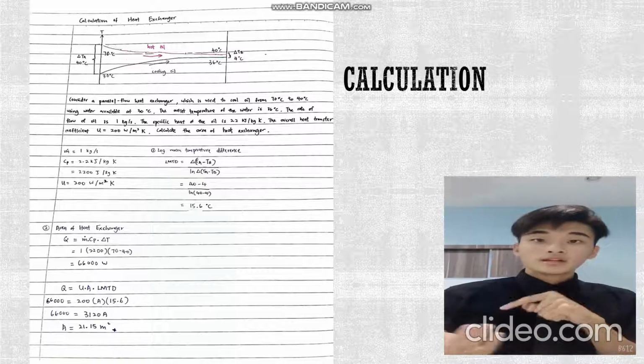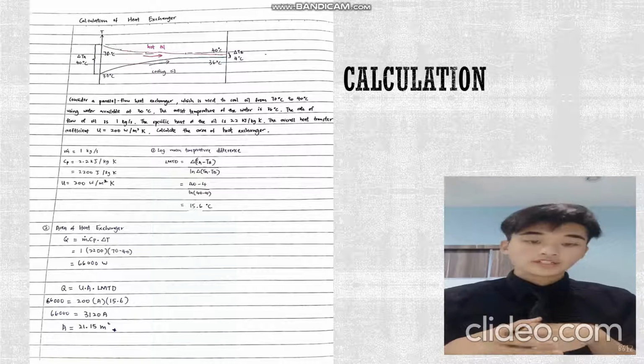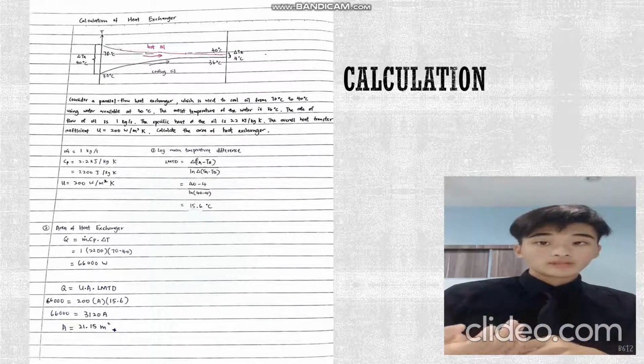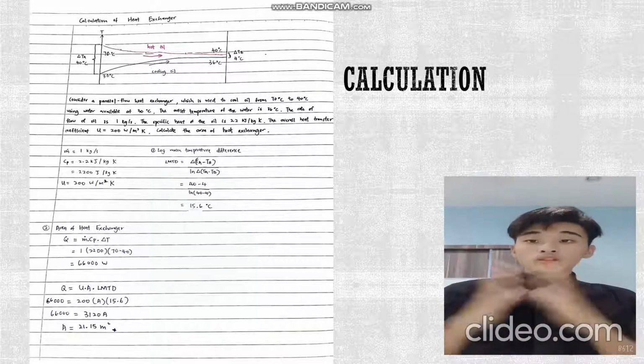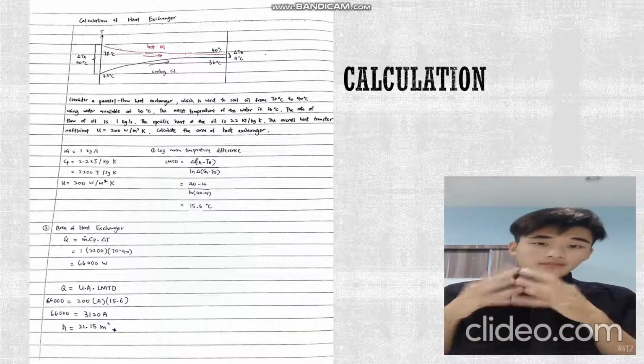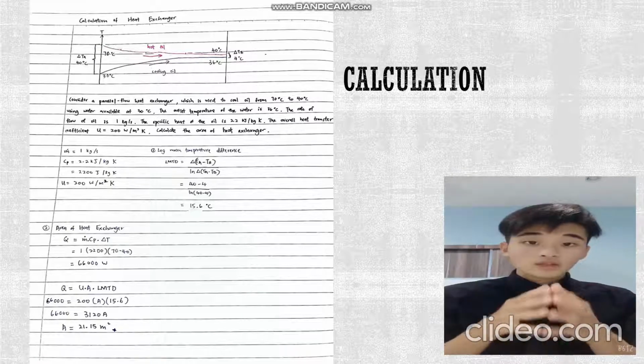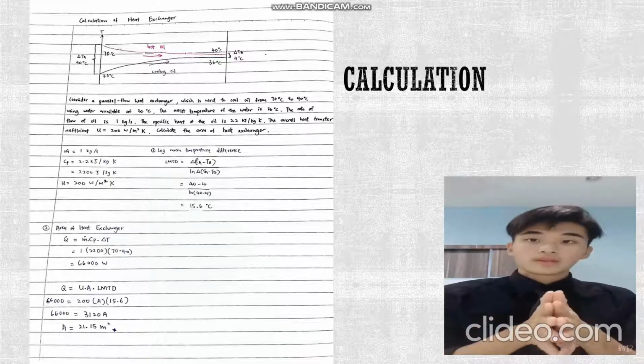And the overall heat transfer coefficient U is equal to 200 watt per meter square Kelvin. Okay, once we have listed down the information, we can start doing the first step.